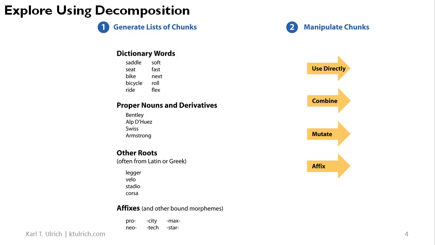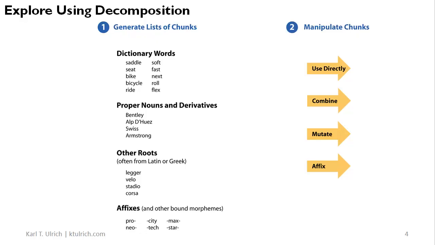Proper nouns and their derivatives, Swiss, Armstrong, Alpe d'Huez, etc. Other roots that often come from other languages, say Latin or Greek. So you might have leger, velo, stadio, corsa.